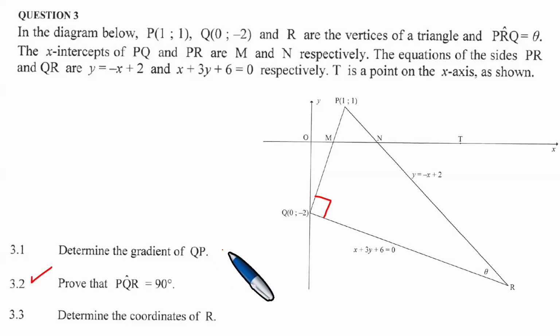We already know that the gradient of the line segment PQ equals 3, because QP is just a line segment with endpoints clearly defined. And we want to prove that the angle PQR equals 90 degrees.